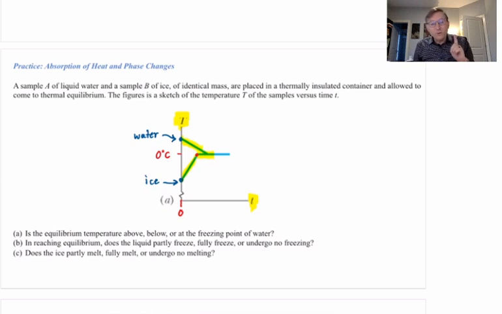Now note that at that moment in time, when the ice reaches 0 degrees Celsius, at the red dot, go vertically up, and the water is still at a temperature above 0 degrees Celsius. So the temperature of the water is still greater than the temperature of the ice.